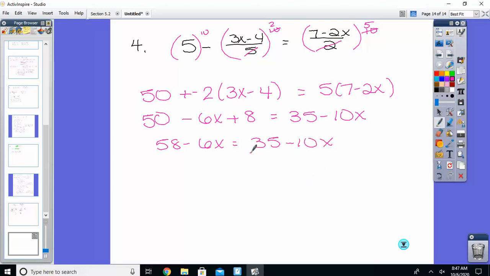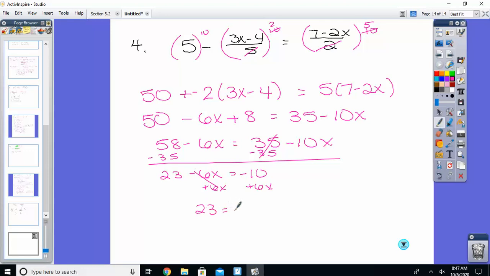Okay, if I subtract over my 35, add my 6x, divide by negative 4, so x is negative 23 over 4.